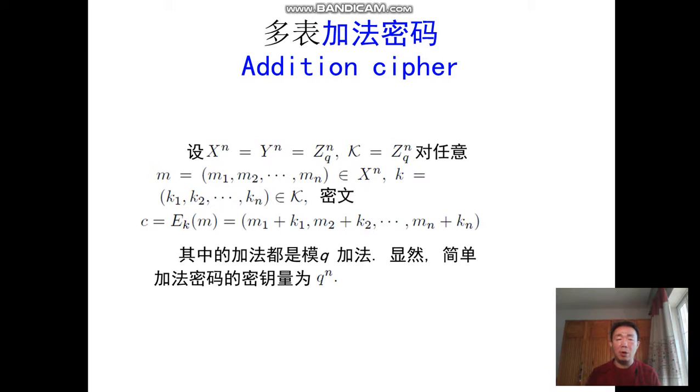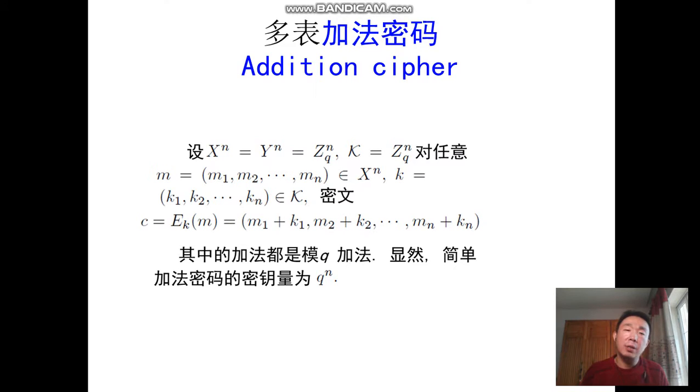So how many possible keys are there in this cipher? It's very easy to answer. Can somebody tell me, when we use block length 5, how many possible keys? Somebody? Yes, this student's answer is right.